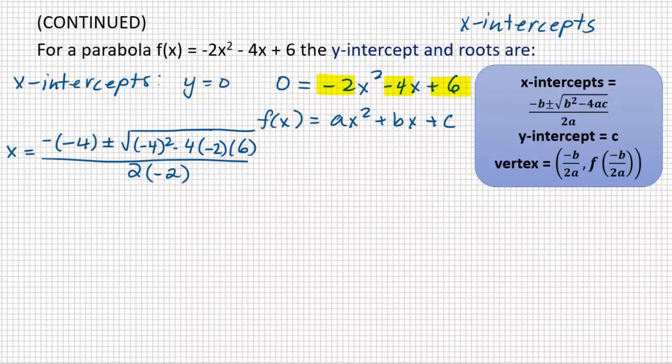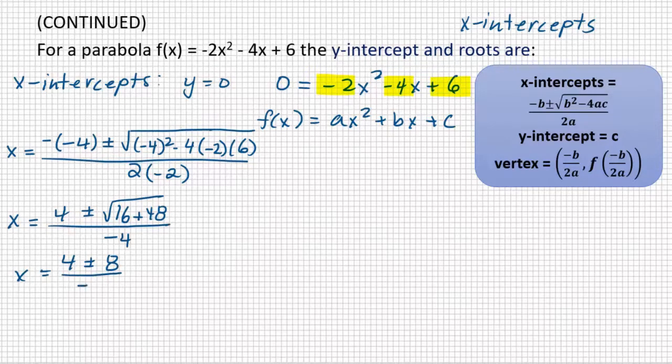All that's left to do here is to simplify. We have x is equal to 4, plus or minus the square root of 16 plus 48, all divided by negative 4. 16 plus 48 is 64, and the square root of 64 is 8, and all of that is still divided by negative 4.